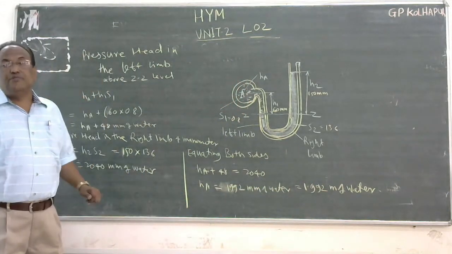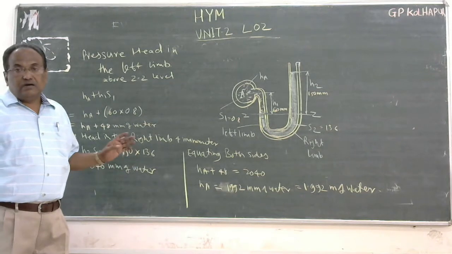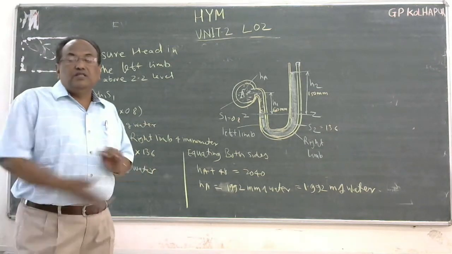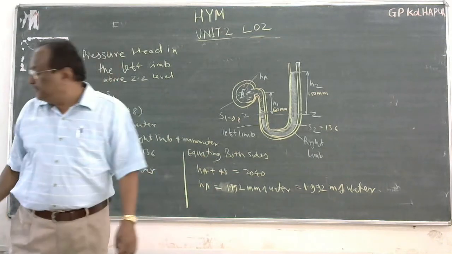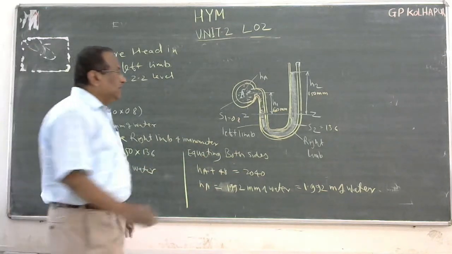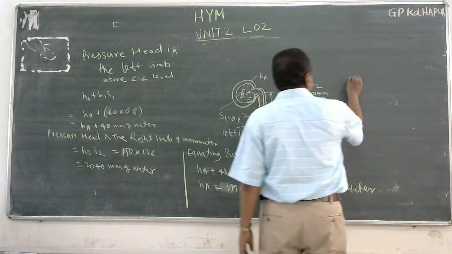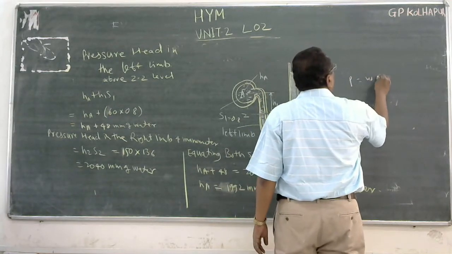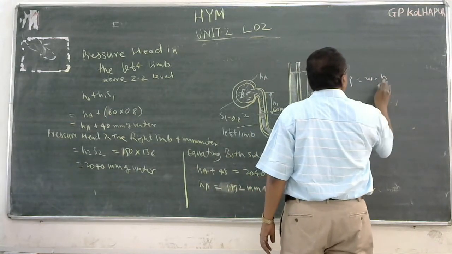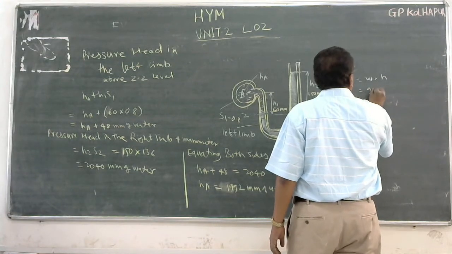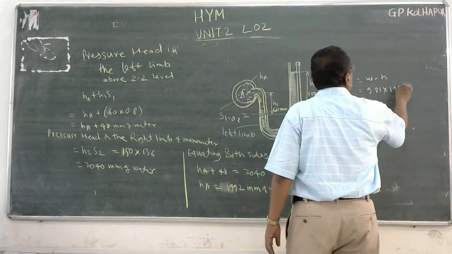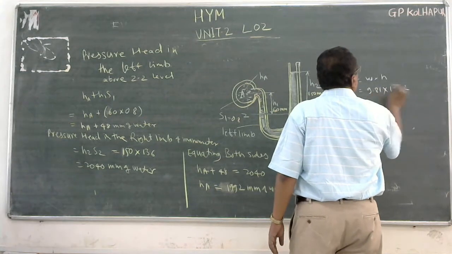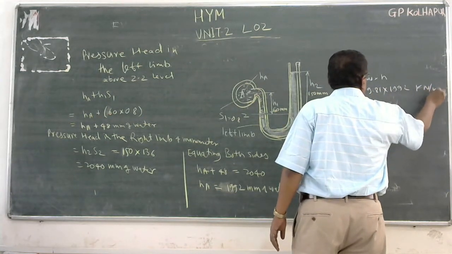Isn't it? If you want this pressure in the unit Newton per meter square, multiply this by the specific weight of water, and you will get it in Newton per meter square value. 9.81 multiplied by this 1.992 kilonewton per meter square.